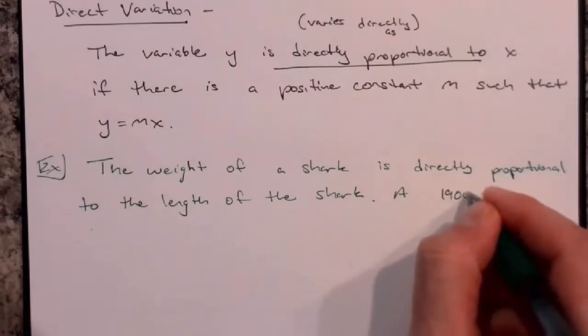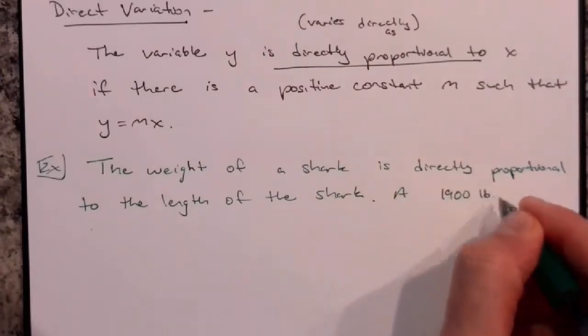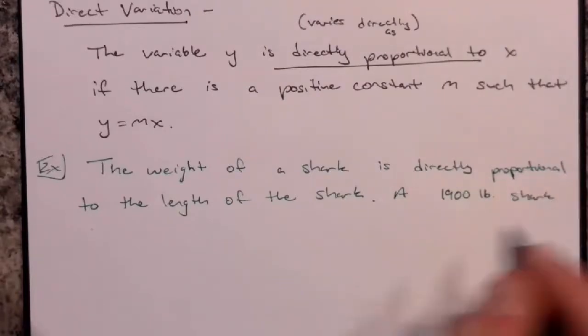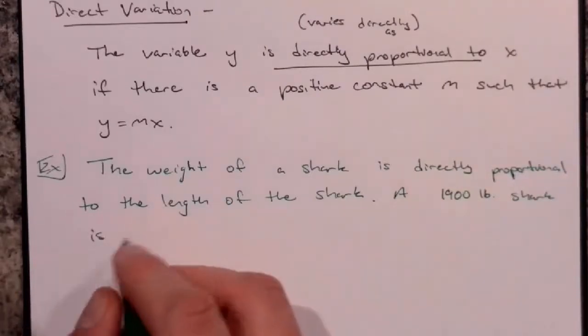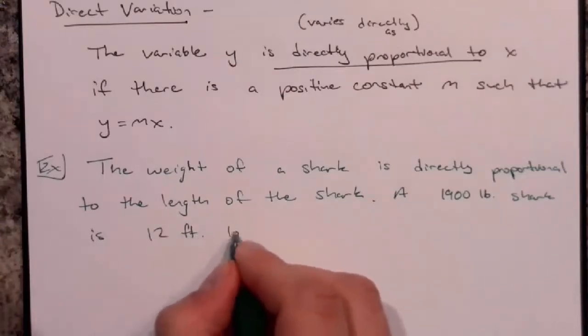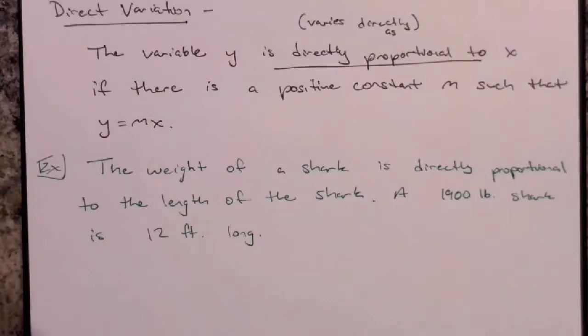A 1,900-pound shark is 12 feet long. Right, so just information given. I haven't really asked a question yet.